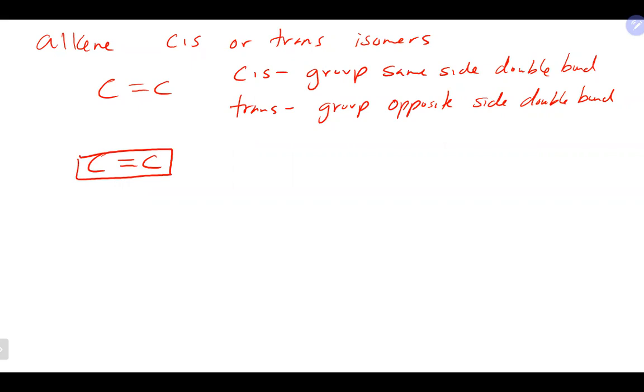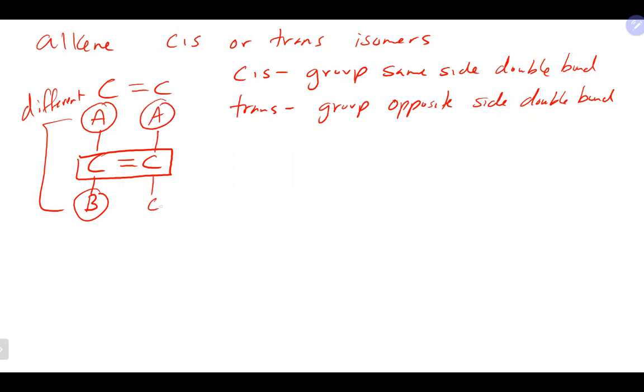Then when you look at the carbon-carbon double bond, on one carbon there needs to be two different groups attached. So these two guys need to be different. On the other carbon, you also need different groups.